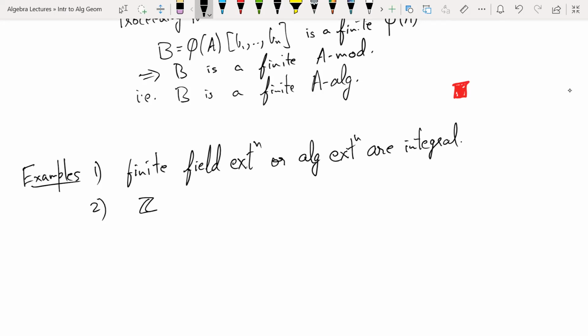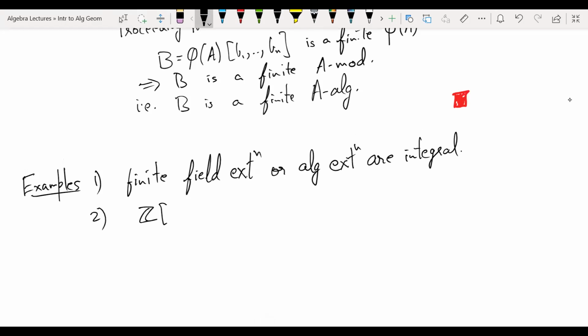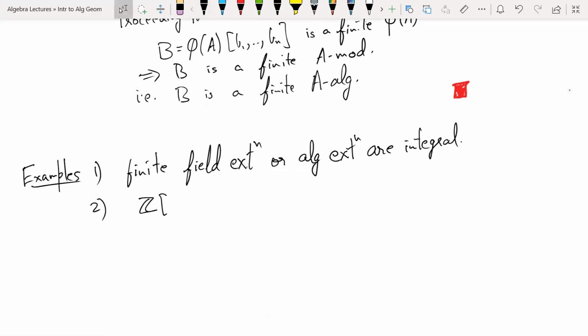So maybe Z adjoin some root of some monic polynomial over Z. So for instance, cube root of 3, square root of 3, or Z[i], or something like that. Or it could be fifth root of 2, and so on.